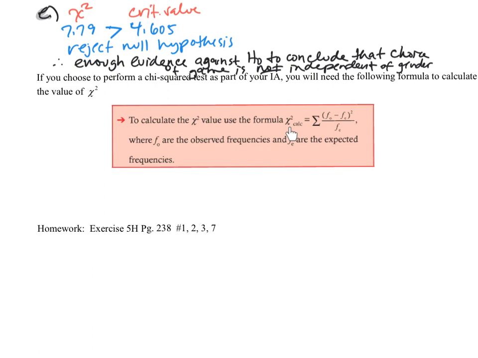To find chi-squared, you're just going to take the sum of a bunch of ratios. Those ratios will be, the numerator will be f sub o minus f sub e, so that would be observed frequencies minus expected frequencies. So you'll subtract those and square it and put it over the expected frequency.